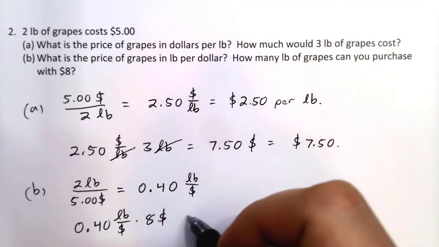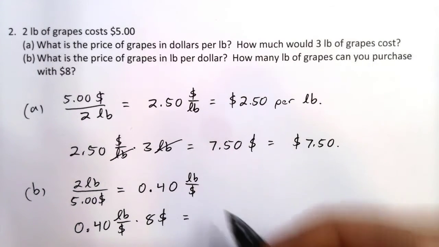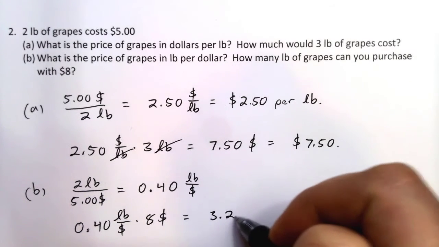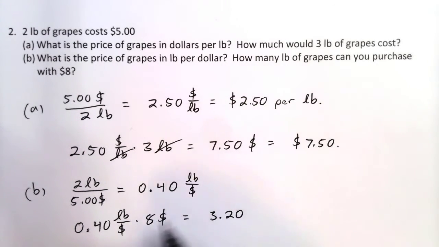And notice that what I get here is 3.2. Let's go to 3.20. Notice that the dollars cancel because one of the dollars is in the denominator, the other one's in the numerator. So those cancel off, and I'm left with pounds. And there's my answer for the second part of part B.